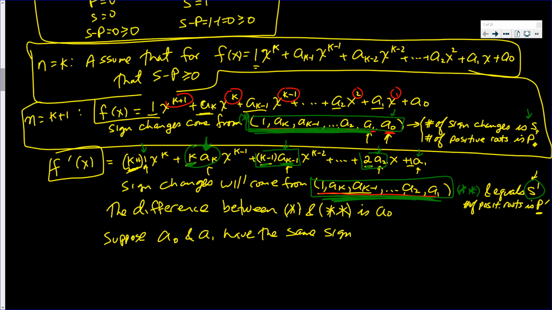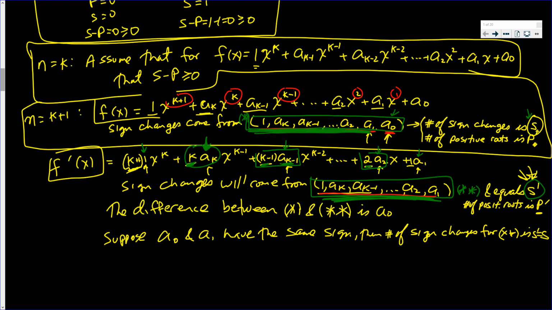Now, when you add on A0, which is the same sign as A1, the number of sign changes for double star is going to be the same. It's just going to be S prime equals S.